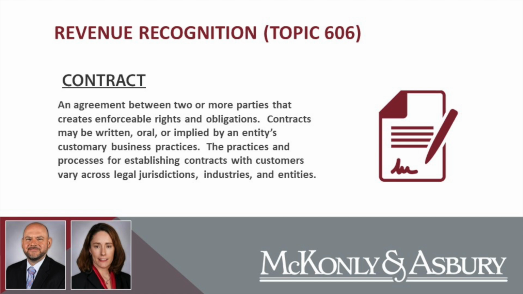But the contract, as you see here, we're used to contracts being written, but these can also be oral or implied, like when somebody calls and orders something or you order something online. Even if it's not completely written, it could be implied by the way you typically do business. So you have to think about the different states you're in and legal jurisdictions and the nuances of your industry, and we'll touch base briefly on the industry task forces and what they're working on.